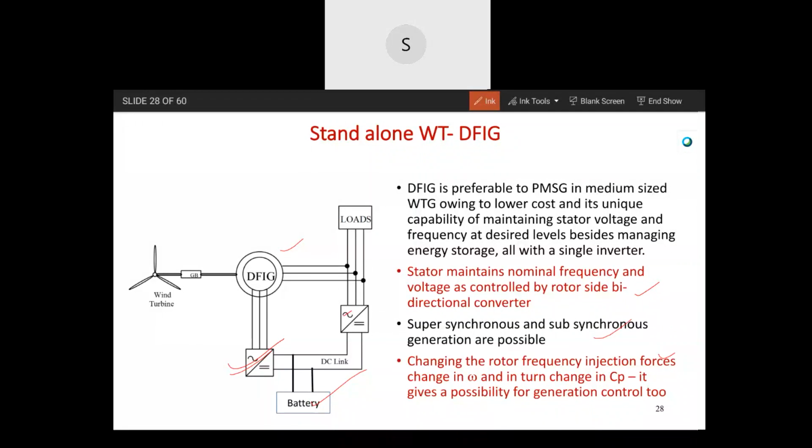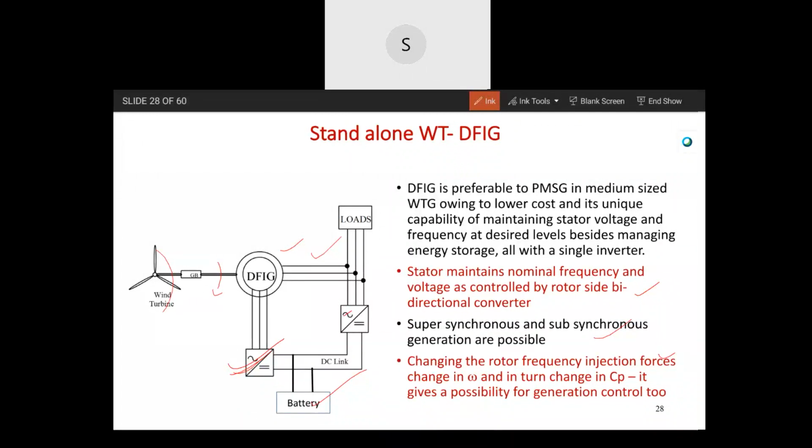For voltage regulation, you have to change the rotor frequency. That is what is done here. Beyond that, after maintaining voltage regulation, by changing the rotor frequency you are effectively changing the angular speed. That means the CP of the turbine is varying, so for a given wind speed you can change its CP, its efficiency.